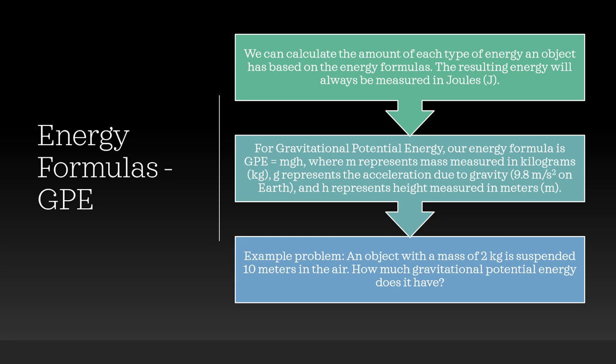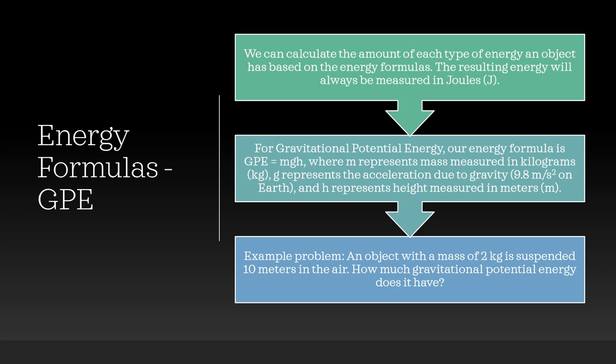G represents the acceleration due to gravity, so you can think of it just as gravity, and it's 9.8 meters per second squared on Earth. If we did calculations for some reason about something on the moon, that G value might change, but in general, assuming that we're doing any normal problem, you can always use 9.8 to represent G. And then H represents the height measured in meters.